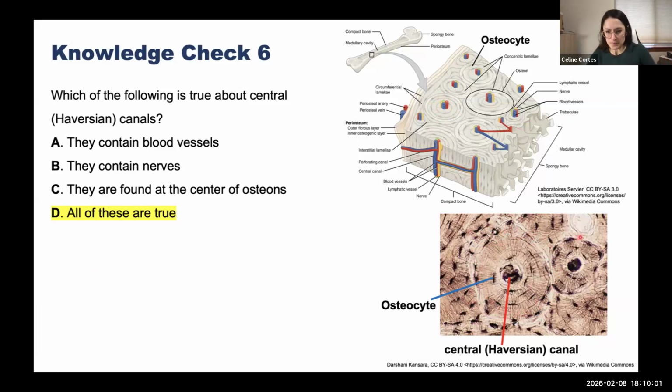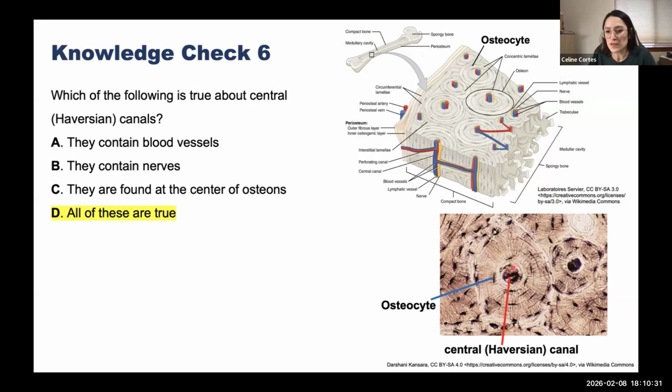We have basically these different rings of compact bone with mature cells, osteocytes, found in between those concentric layers. The big thing to remember here is that we have vessels as well as nerves within the Haversian canal.